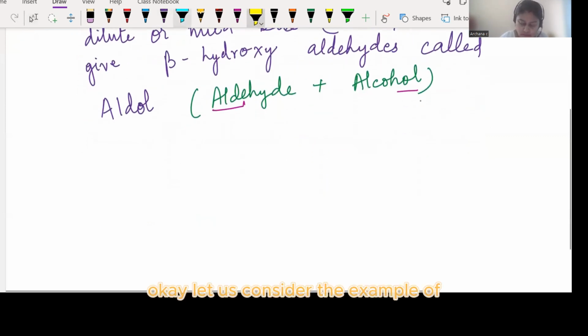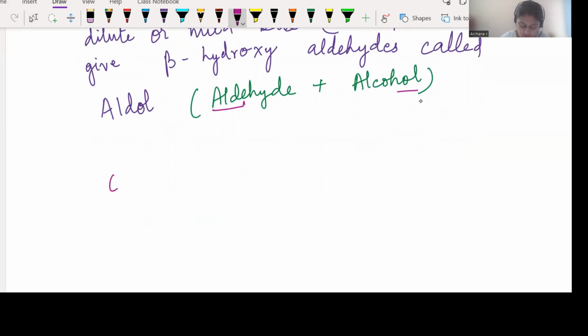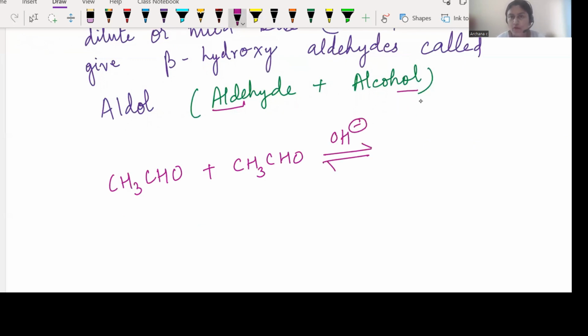Let us consider the example of acetaldehyde, which is also known as ethanal. So, two such molecules will combine together in the presence of base to give you CH3, CHOH, CH2, CHO.